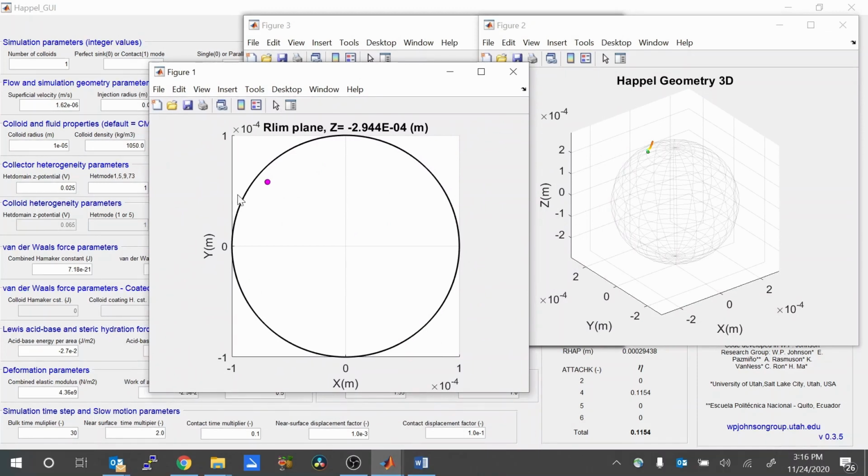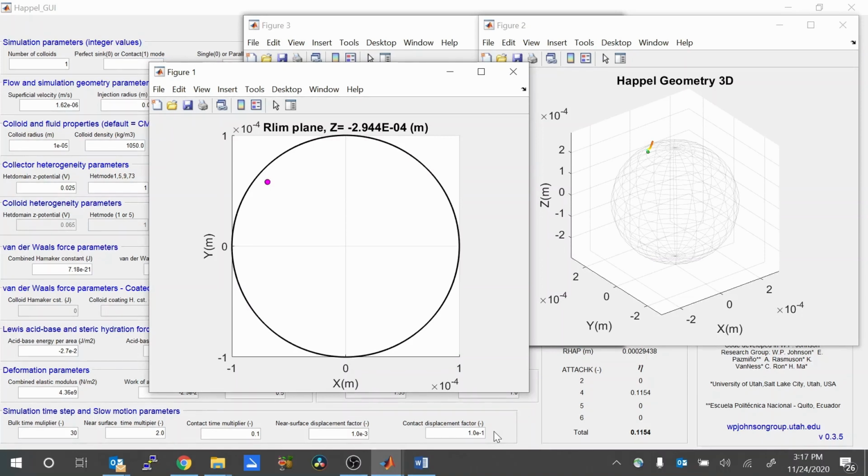But that arrest, as shown by this magenta dot, they're blue dots when they come to a complete arrest. But because I chose a contact displacement factor of 0.1, once it reached 10% of the displacement that diffusion in bulk solution would cause, that was considered effectively arrested.